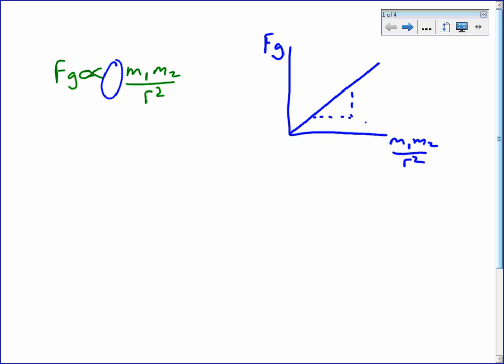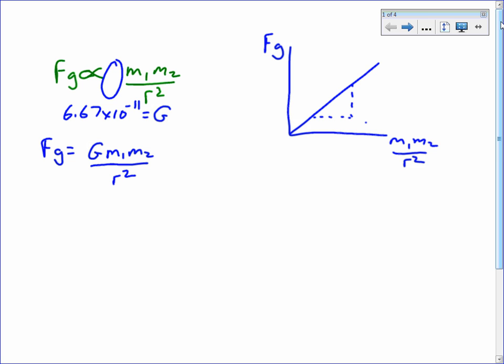So this slope here is a constant that we put in front to make this an equal sign. And that constant we've measured and determined to be 6.67 times 10 to the power of negative 11. That's a rounded value. We call this capital G. It's the universal gravitational constant, and as far as we can tell, it's true everywhere in the universe that Newton's laws apply. So we can write Fg equals G m1 m2 over r squared.